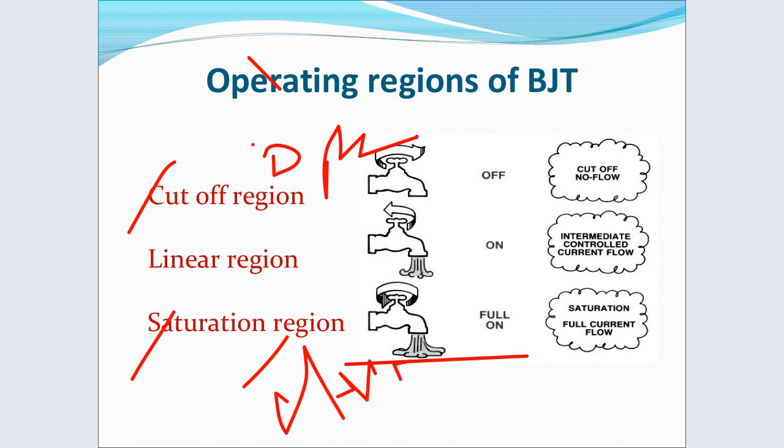At linear region, also sometimes referred to as active region, this is when the transistor will operate as an amplifier. Meaning that a very small amount of incoming signal or input voltage will result in a very large output on the other end.